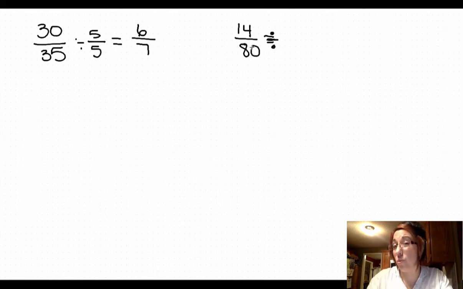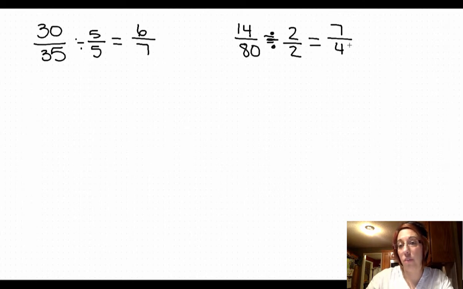I do know that 2 will go into both. So let's try dividing by the fraction 2 halves. 14 divided by 2 is 7. 80 divided by 2 would be 40. So 7/40ths would be equivalent to 14/80ths.